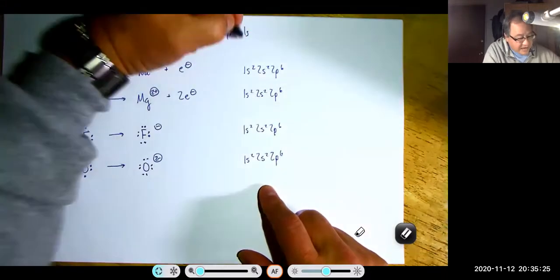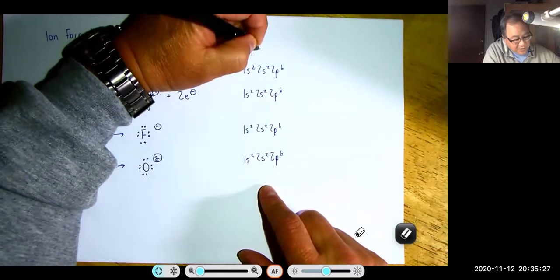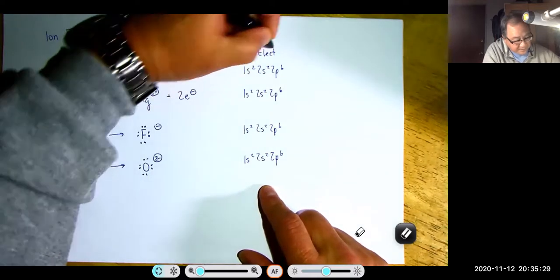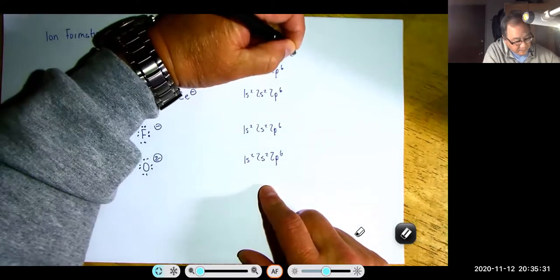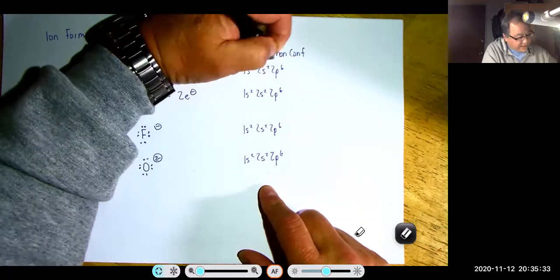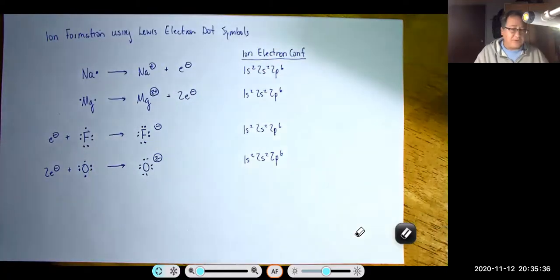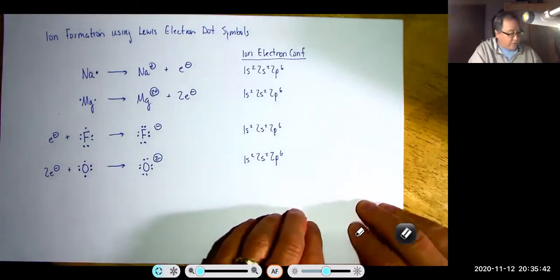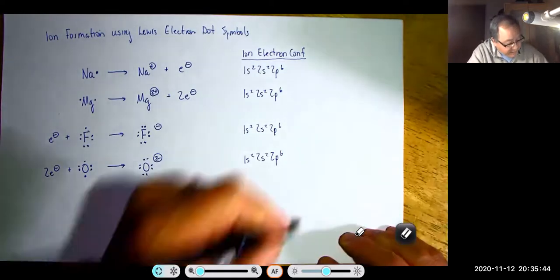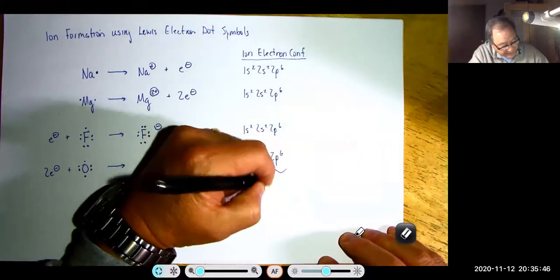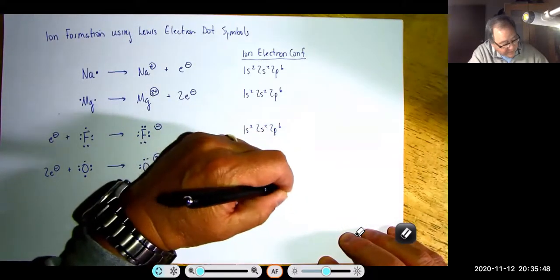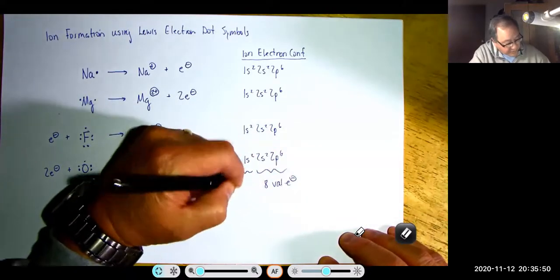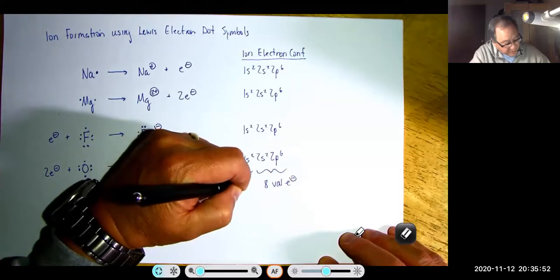So this is the ion electron configuration. And you'll notice that for the ion, what is the most stable ion that forms? Well, it turns out it's the one where it forms an electron configuration like a noble gas. And when we look at valence electrons, it's got 8 valence electrons. When we look at the core electrons, it's got 2 core electrons.